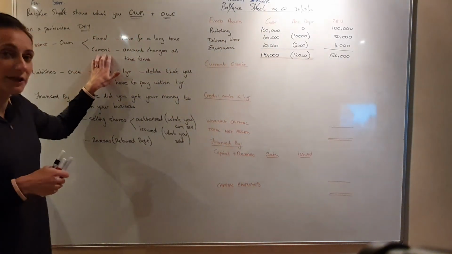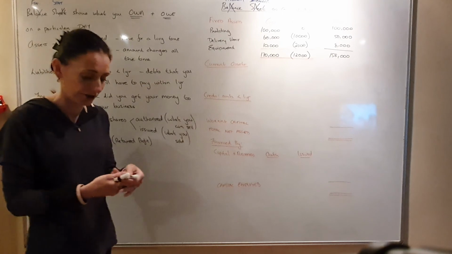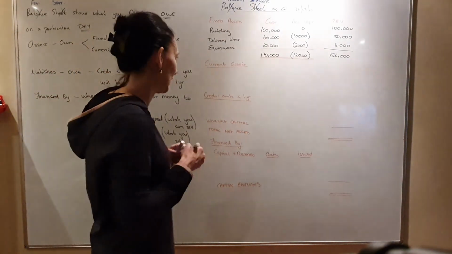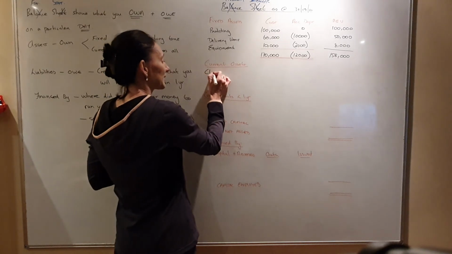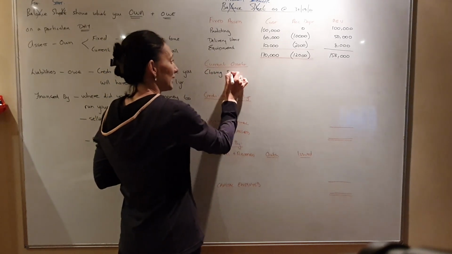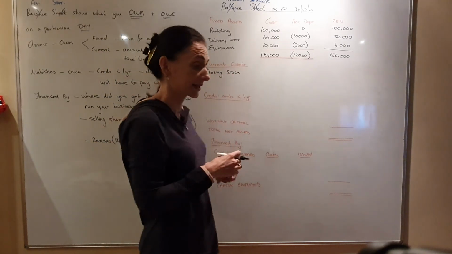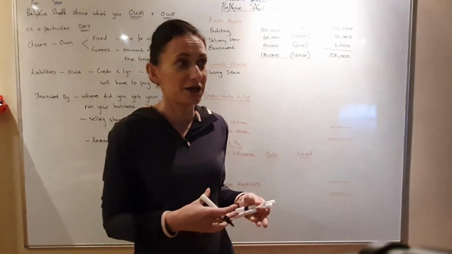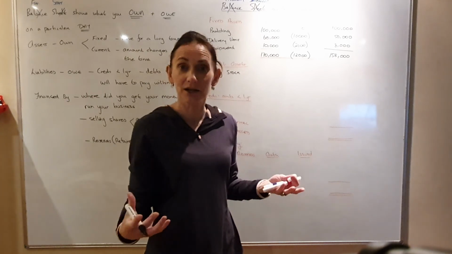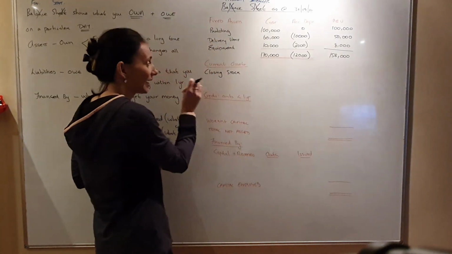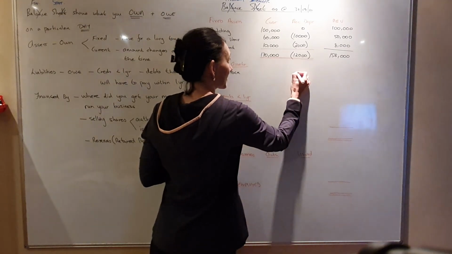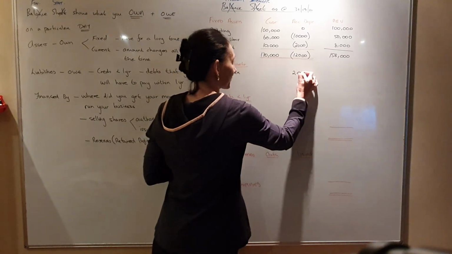Then you have things that you own, but their value keeps changing. In a business, there are 3 things that you need to know for your exam. If I went into your business to do your accounts on any particular day, the first thing you own that would change if I went in tomorrow is your stock, the level of stock. So your closing stock is a current asset, and I'm going to say it's 2,000.